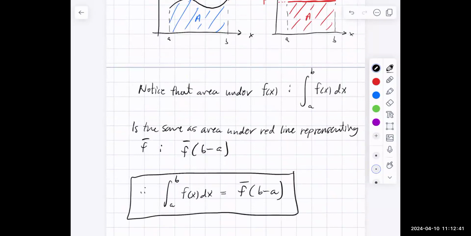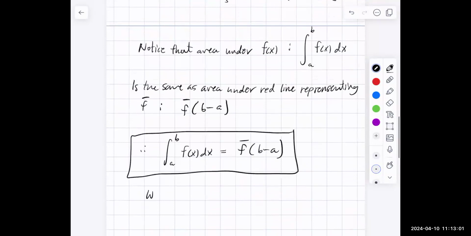So if we can develop a way to calculate f average, then we just take that value, multiply by the range of x values, and that's going to tell us what the value of the integral is.